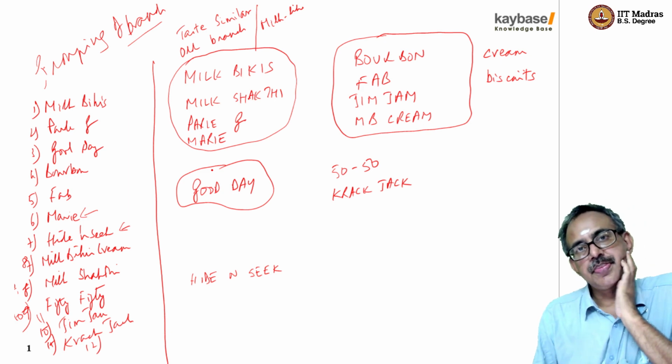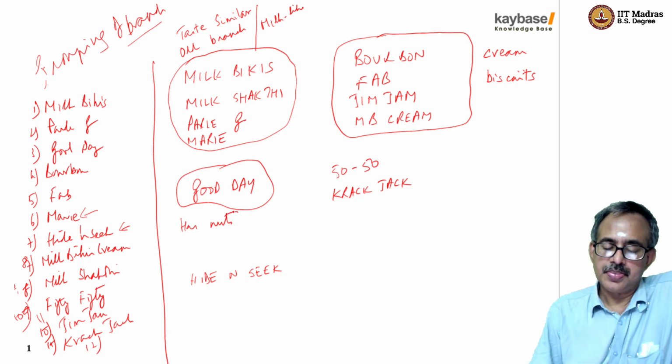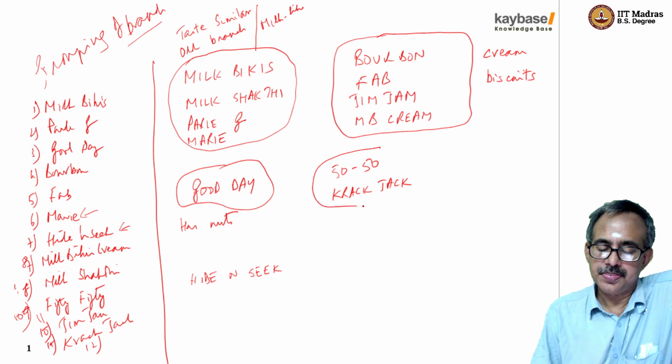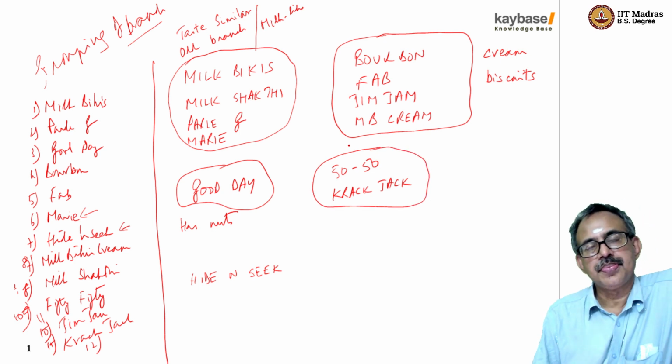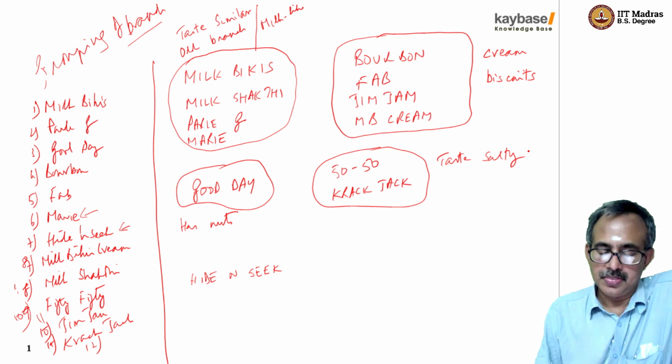So it will have nuts, some. And why are these two together? It will taste salty. And why is this separate? It will have some chocolate chips and all.